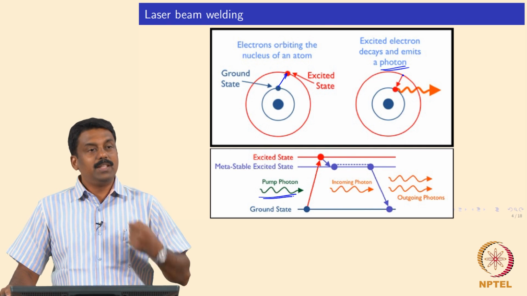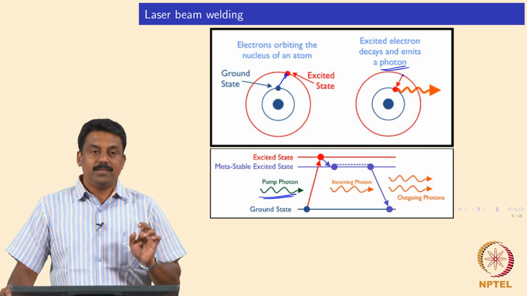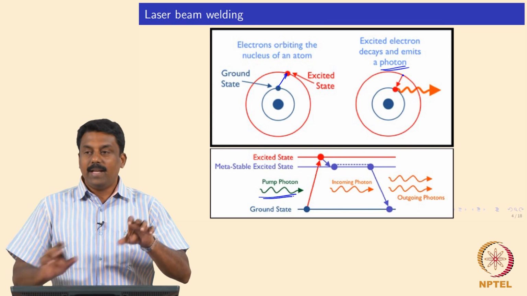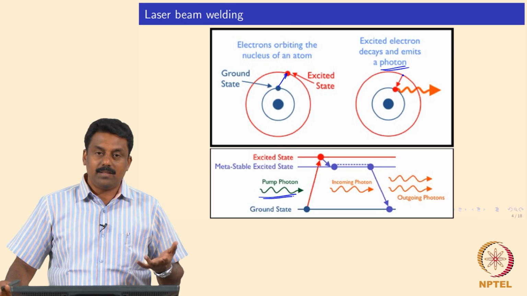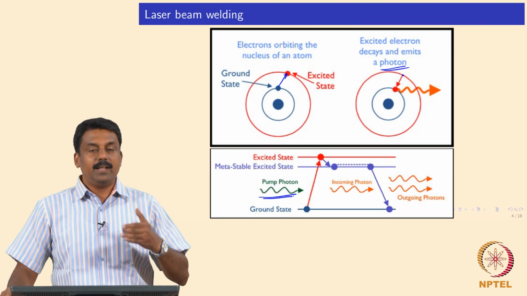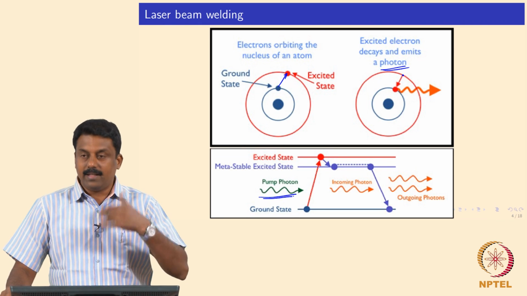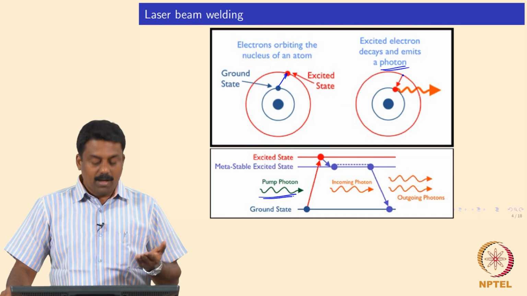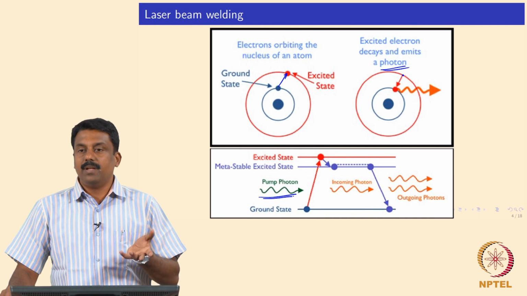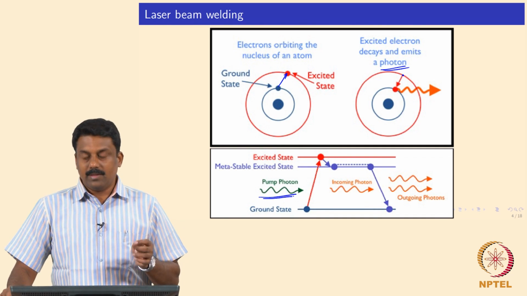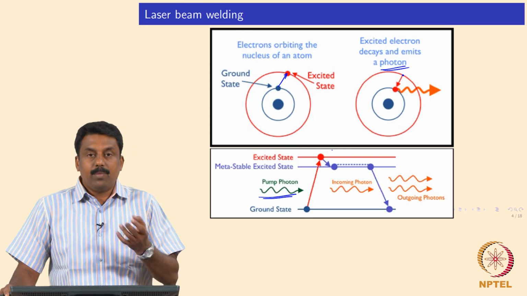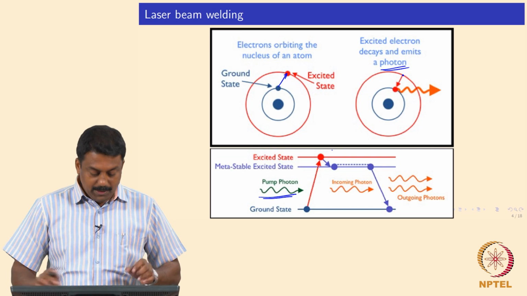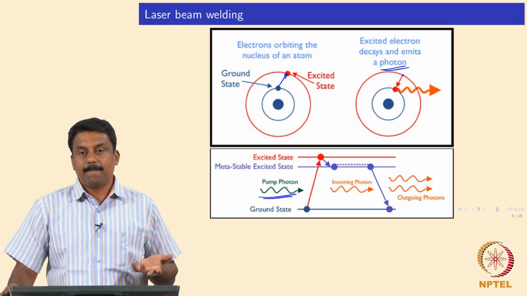You may use a small laser as a pumping laser to excite the electrons in the gas medium or solid state medium, and the moment these are excited, you will have an avalanche of excitations leading to photon generation. These excitations can be brought back to the ground state the moment you switch off the pump energy.